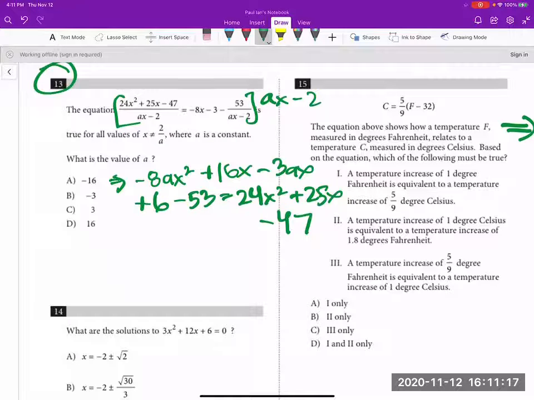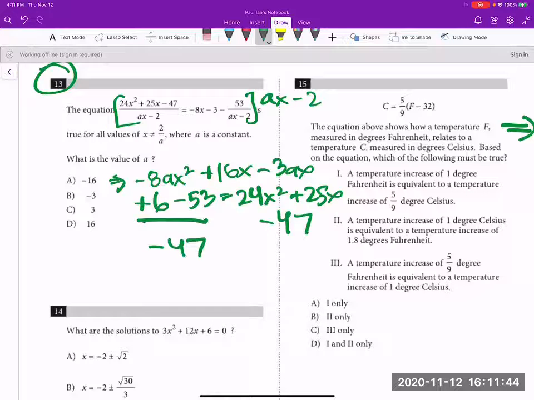So let's see, 16x minus 3ax. This guy right here is 6 minus 53, that's minus 47. And then you just pretty much match what the a is.